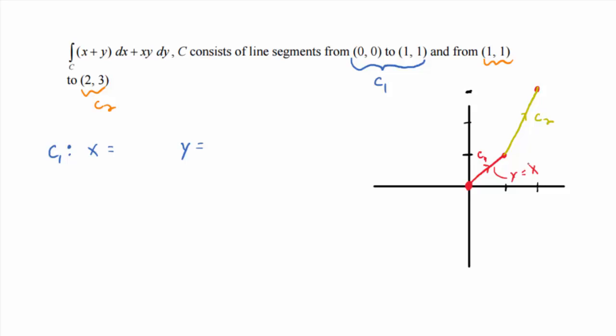Everybody agree with that? It's going from 0, 0 to 1, 1. So just let x equal t, and then automatically y equals t. What would t have to range from? 0 to 1.